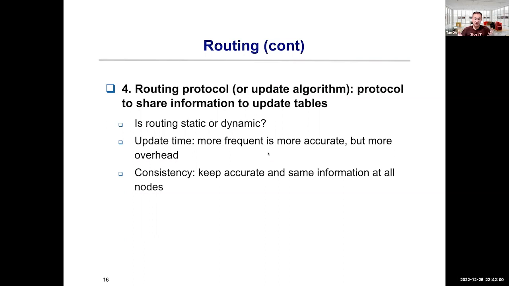But it has more overhead because the network is full of control messages all over, right? So you want to minimize the control messages, but when you do that, the table does not become accurate. It can be outdated, right? So consistency is keeping the same accurate information on all the nodes.